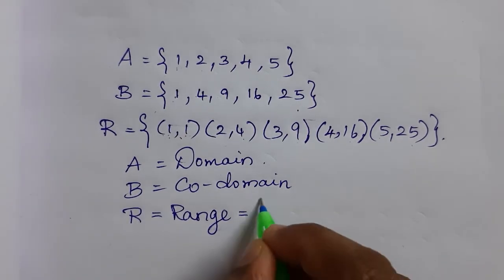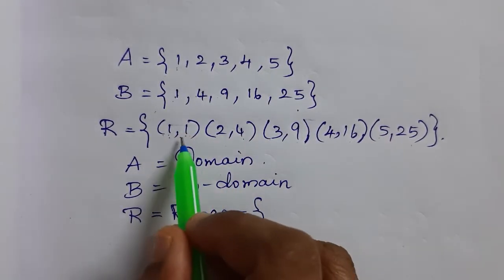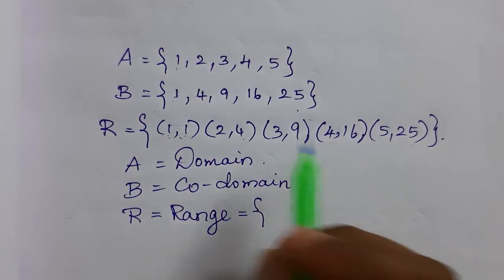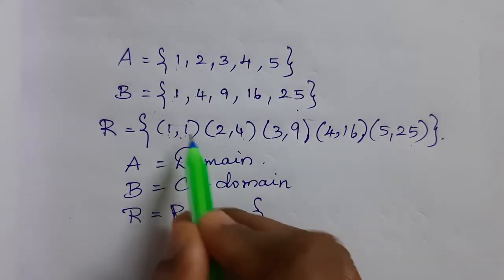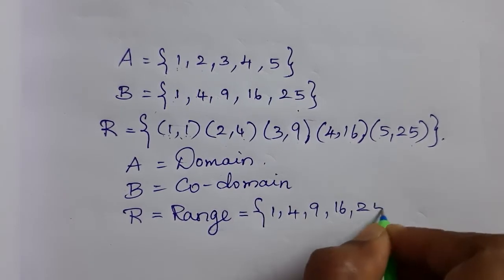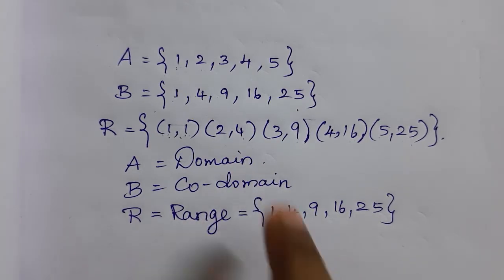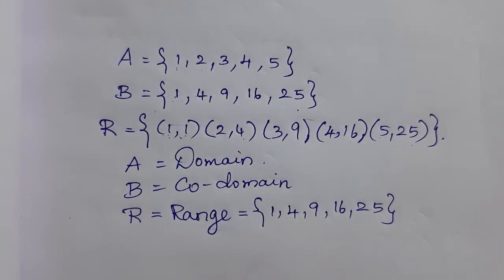Range is all the outcomes from the relation. Outcomes in the sense, the second terms are the outcomes. So 1, 4, 9, 16, 25 is the range. In this particular sum, you could see that the range and codomain are the same.